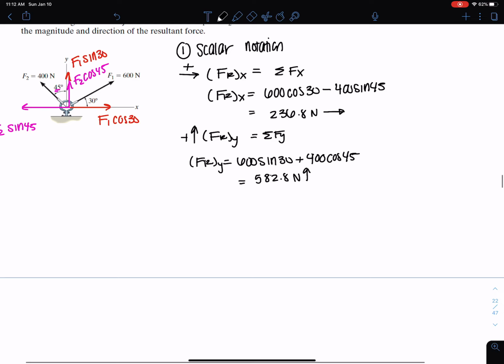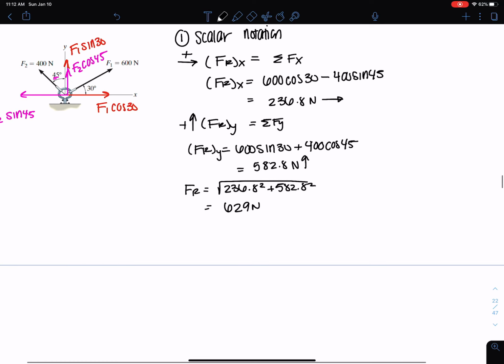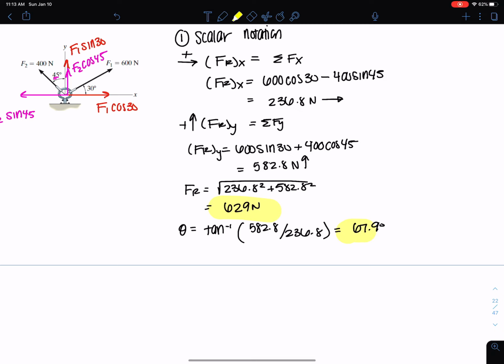Okay, and my resultant force is the square root of 236.8 squared plus 582.8 squared, and I get 629 newtons, and my theta is just inverse tan of 582 divided by 236, and I get 67.9 degrees, and these are my answers.